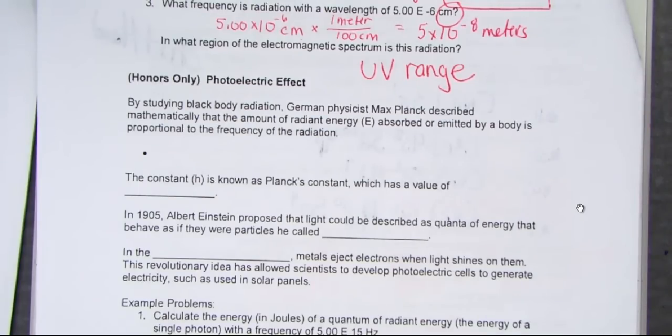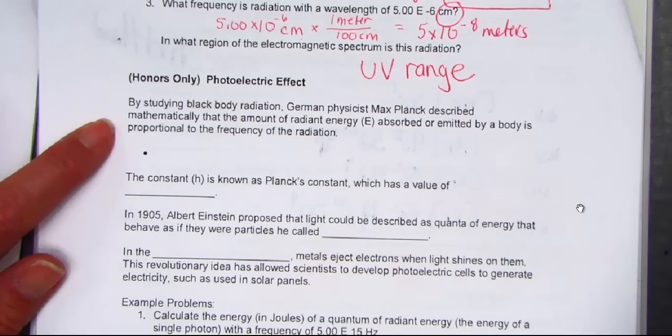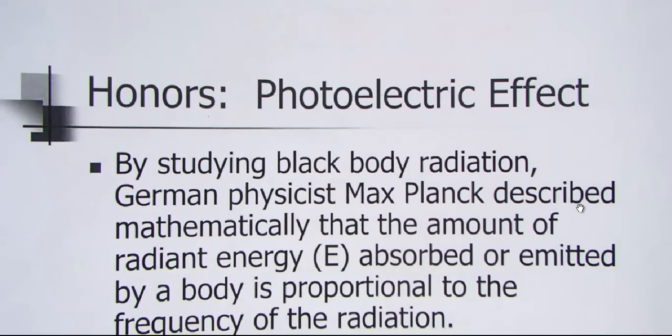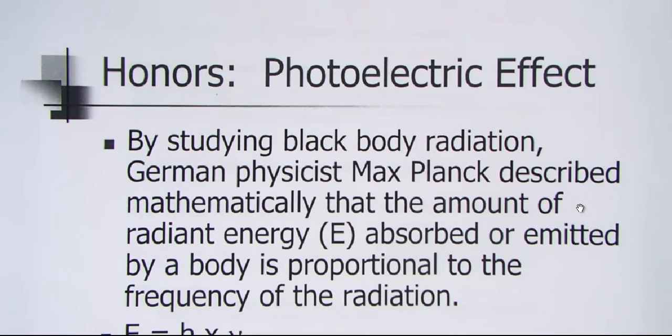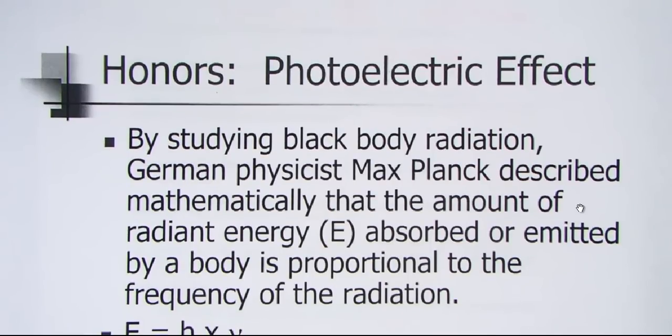Let's now talk about the photoelectric effect. By studying black body radiation, German physicist Max Planck described mathematically that the amount of radiant energy, E, absorbed or emitted by a body is proportional to the frequency of the radiation.